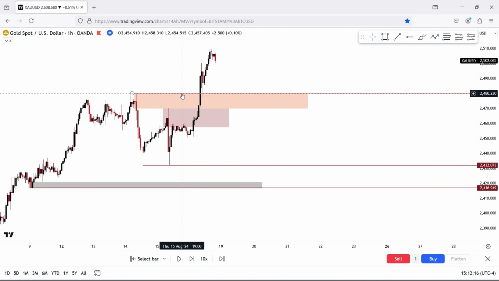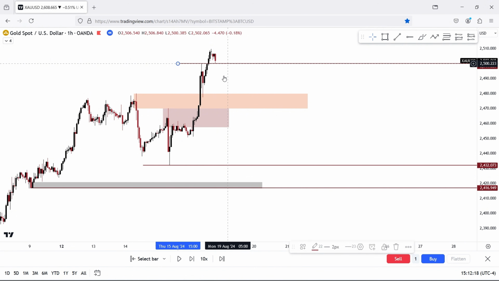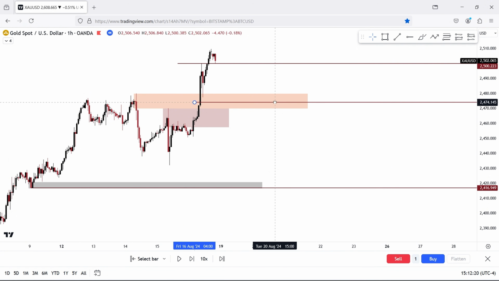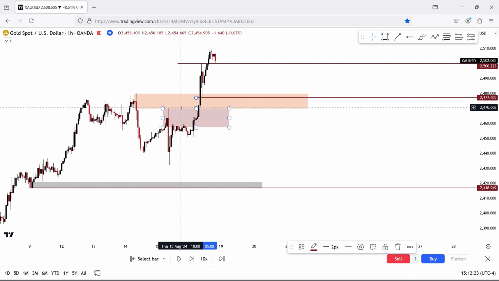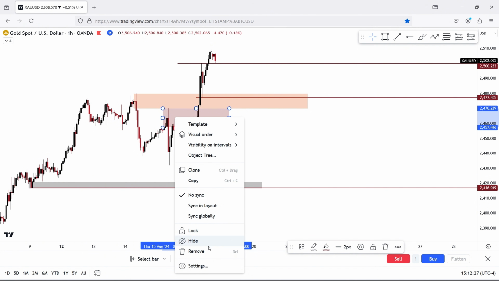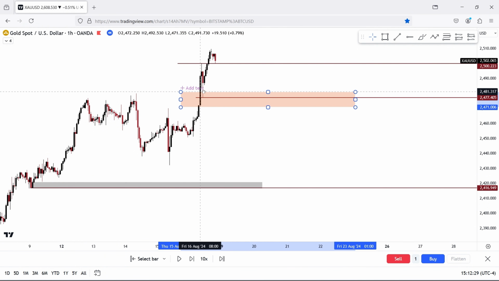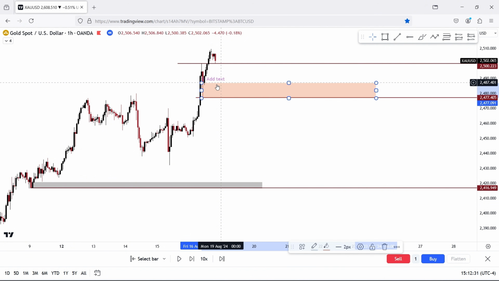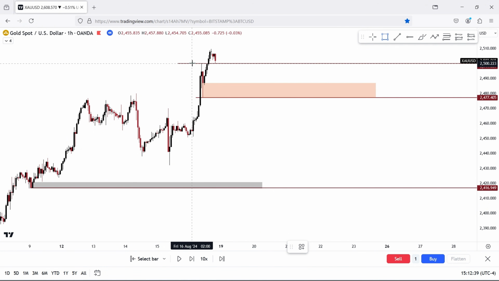So what do you have here? You have your range. You have your extreme right here at the bottom, and you have your previous rejection here, which would be your breaker.